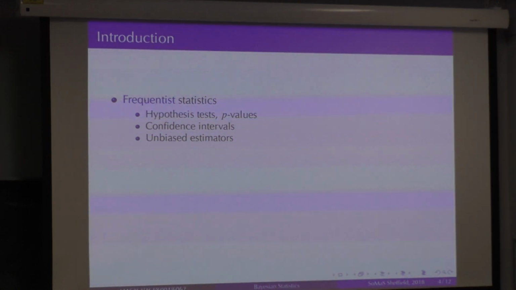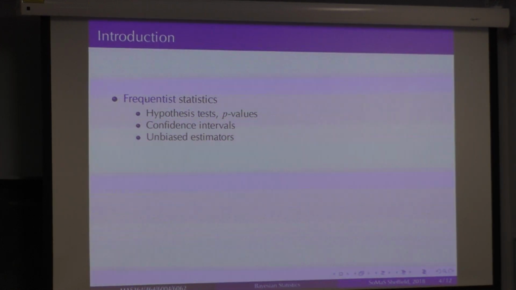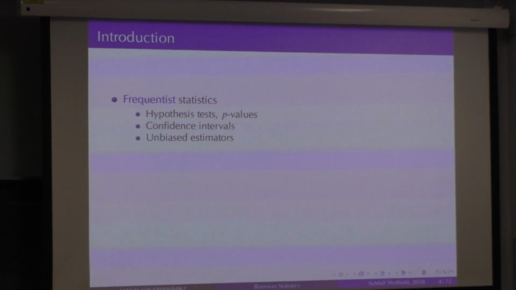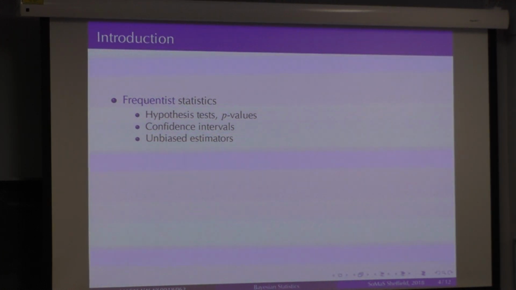But so far you've learned what is known as frequentist or classical statistics, and that's basically estimation, unbiased estimators, confidence intervals, and tests, p-values, right? And that seems to work okay in practice, so why do things differently?